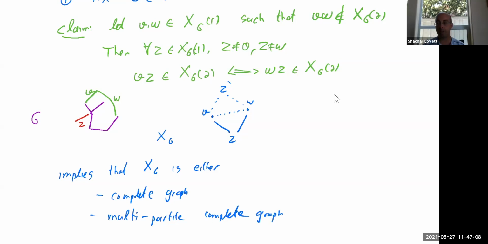For example, a bipartite or a tripartite or something like that. I'm not going to prove it. It's a simple exercise about graphs. But if you have a graph with this property, where every non-edge has every other node connected to either both or neither of these nodes, it must be either the complete graph or a complete multipartite graph.